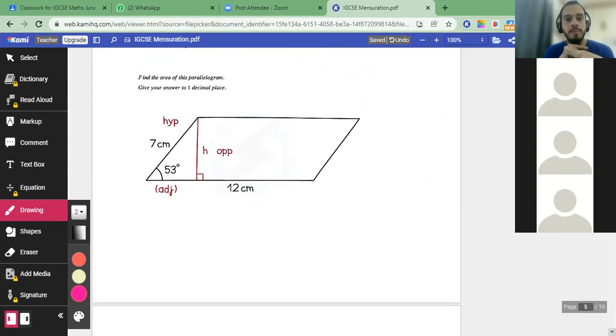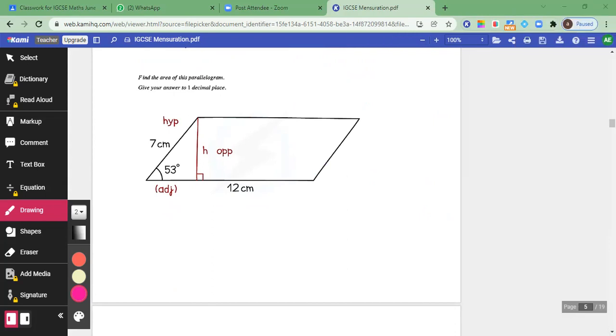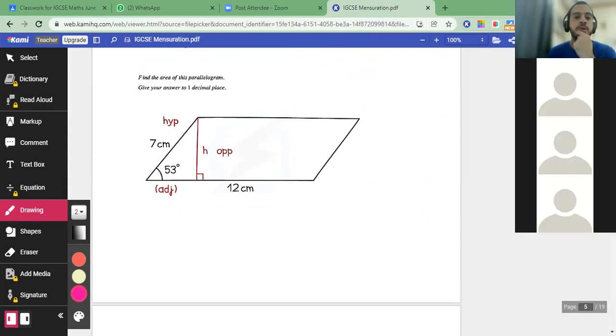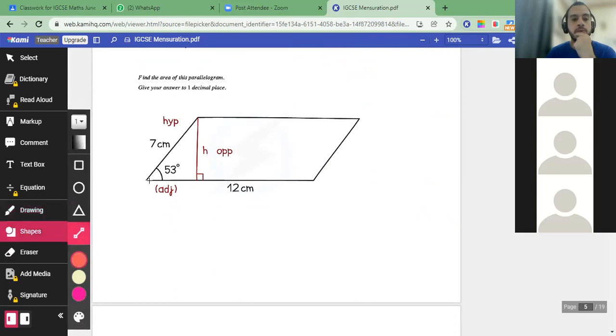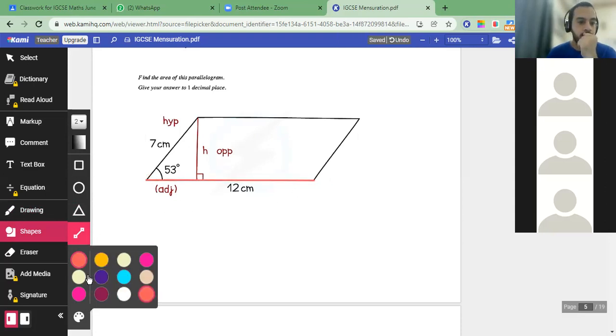Here is a parallelogram, and in this parallelogram we have a base which is 12, and here we also have 7. So we have here 12, and this is 7 here.